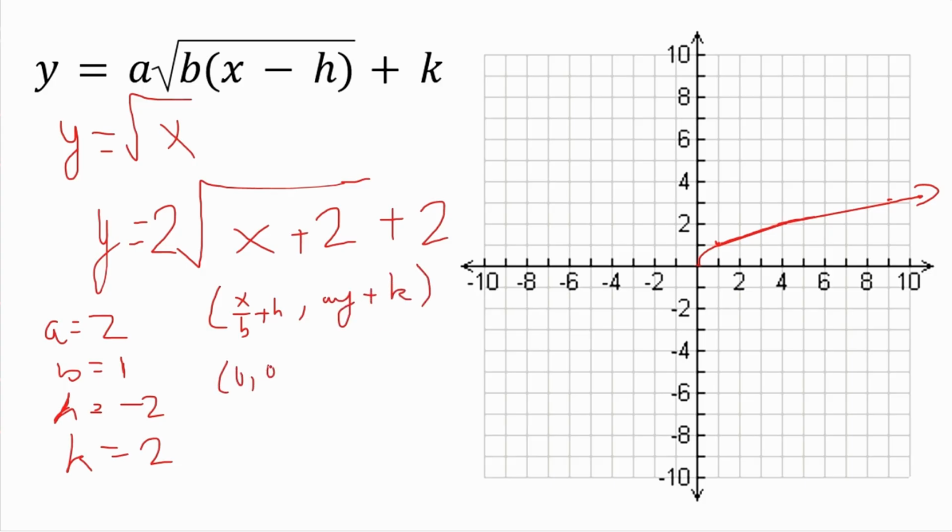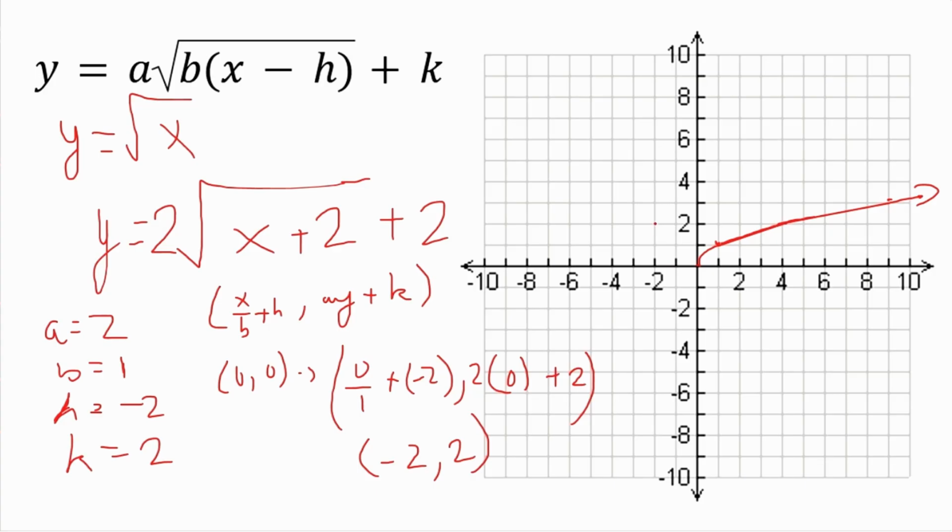First point 0, 0 becomes 0 over 1 plus negative 2, and 2 times 0 plus 2. So 0 over 1 is 0, minus 2 is minus 2. 2 times 0 is 0, plus 2 is plus 2.